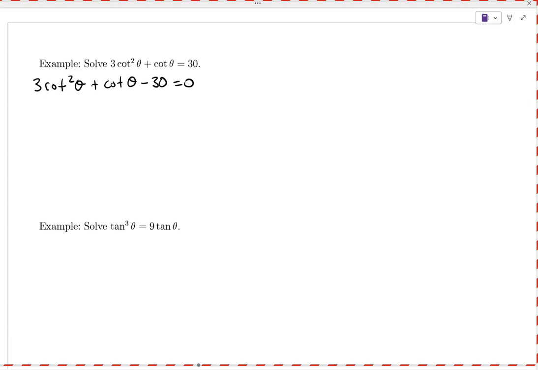This one might be a little bit more challenging to factor, but it's not too bad because, again, since we have 3 cotangent squared, if it's going to factor, I better have a 3 cotangent in one factor and a cotangent in the other. So now I need to get the correct factors of 30 so that when I put them in here, I get a plus 1 for my middle term.